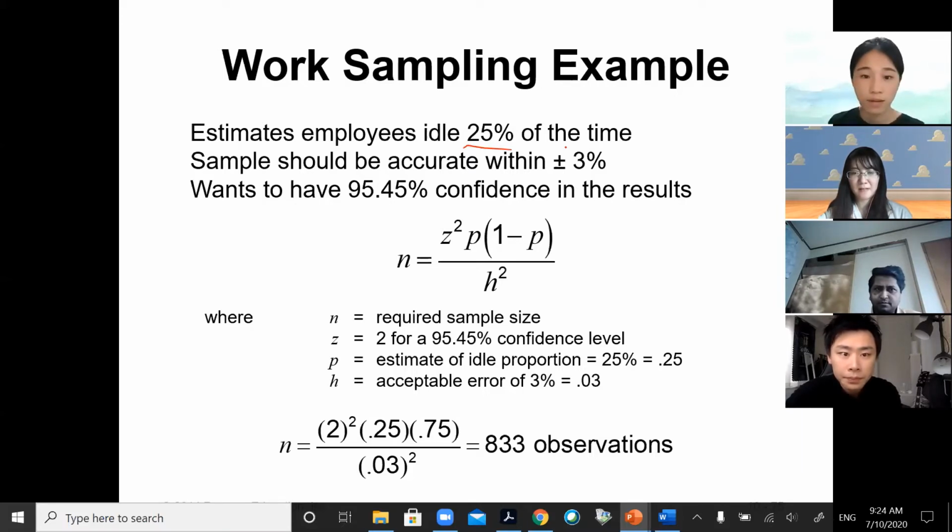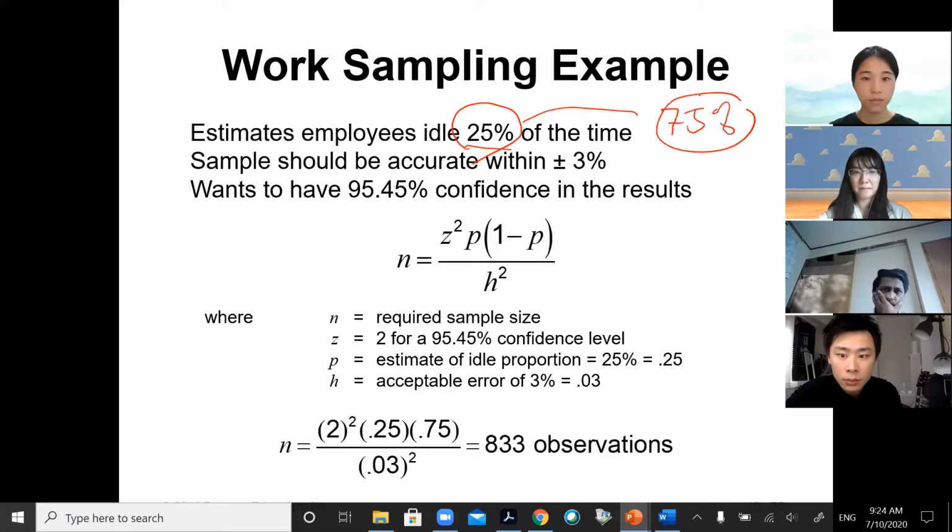So in this case, if I estimate that you are actually working 75%, the sample should be accurate within 3%, and you want 95.45% confidence. The number of samples required is given by this formula.